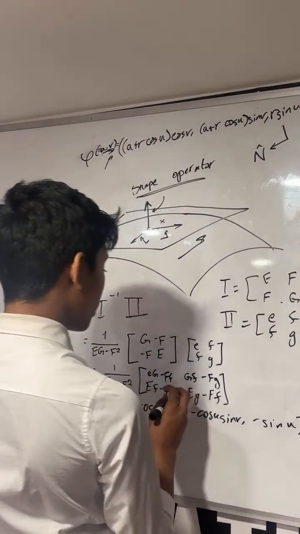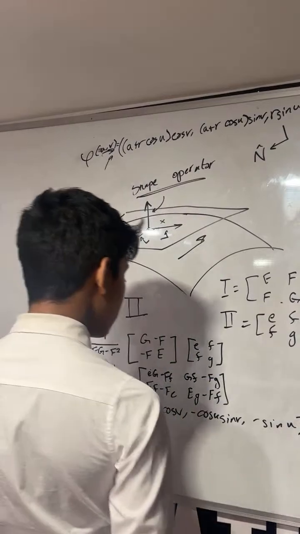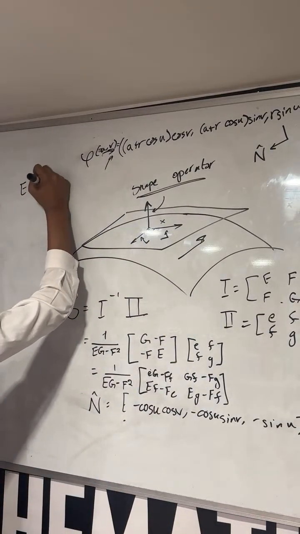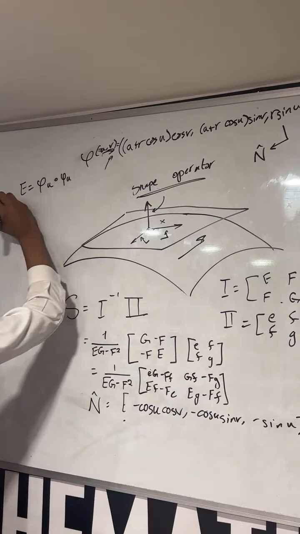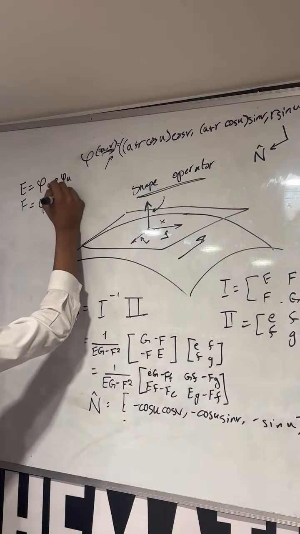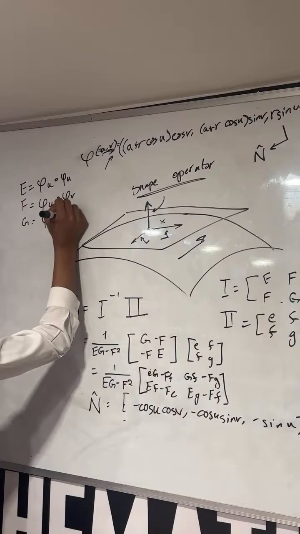Great. So what are E, F, G, and little e, little f, and little g? Well, E is phi u dot phi u. I probably shouldn't have erased them. F is phi u dot phi v. G is phi v dot phi v.